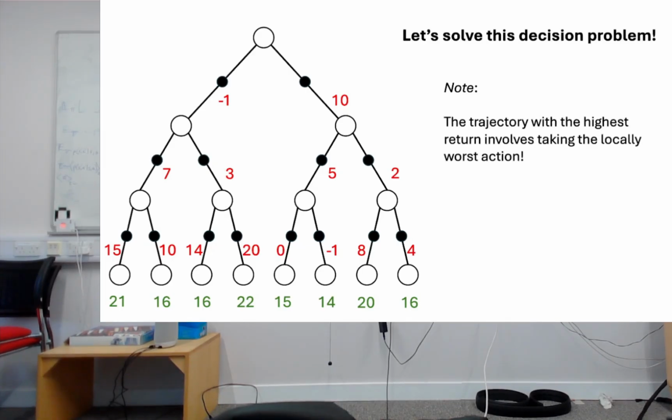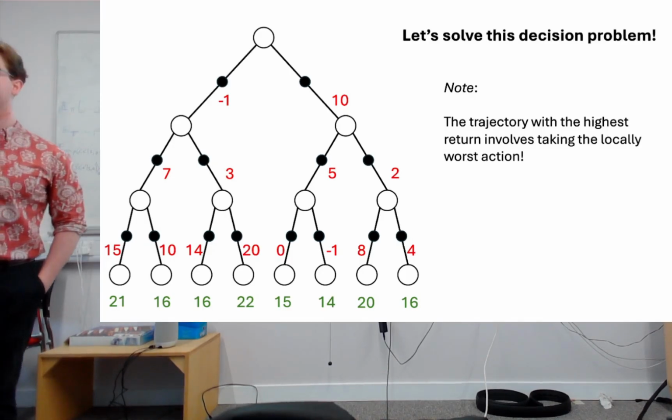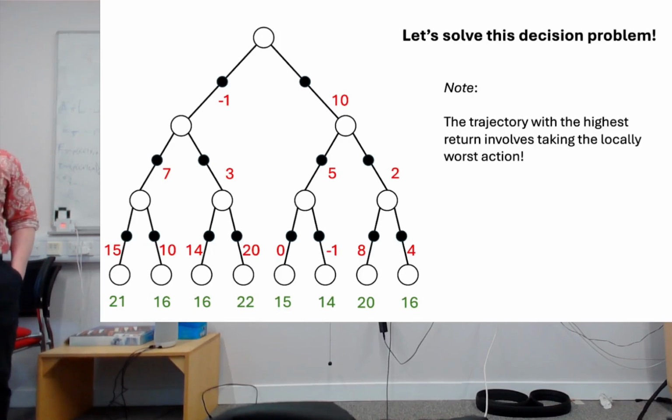First of all, the trajectory with the highest return involves taking the locally worst action twice. What do I mean by this? If I'm at the top and I only see the reward I'm getting from the immediate action I take, then it's very clear I should take this action here, which gets me a 10. But the actual optimal action to take is the one that gets me a reward of -1 immediately, because it puts me in this state, and this state is in some way better than this state.